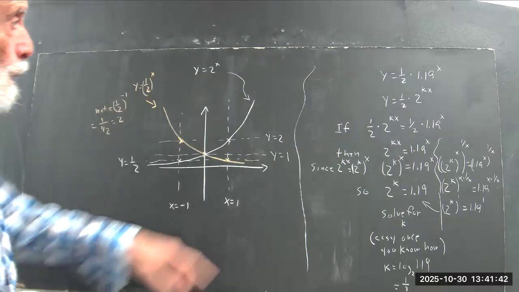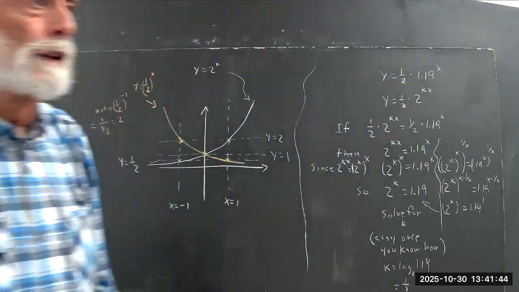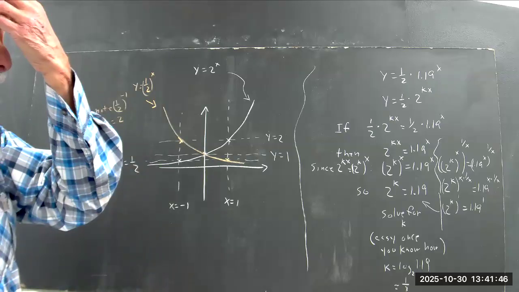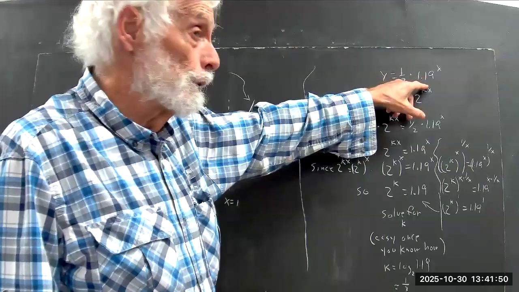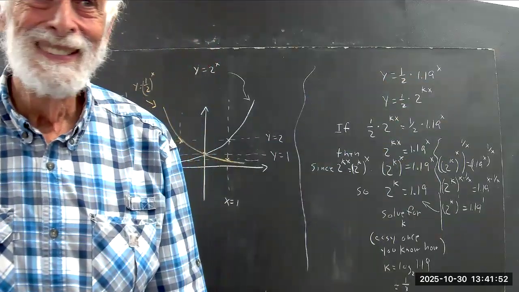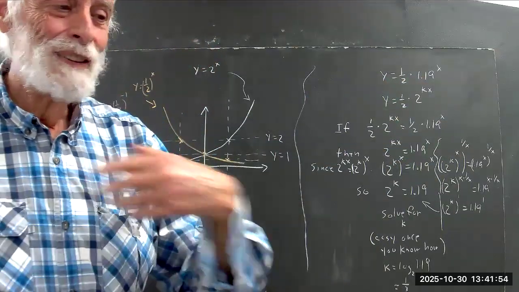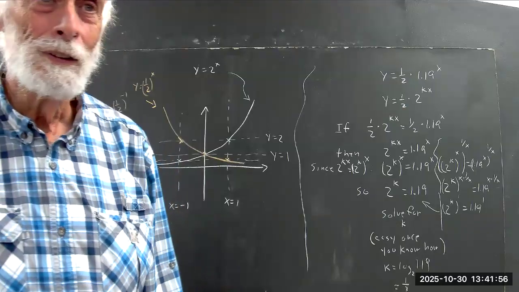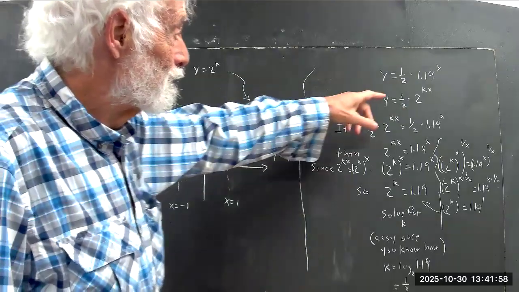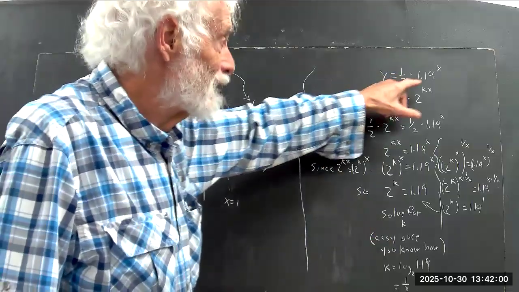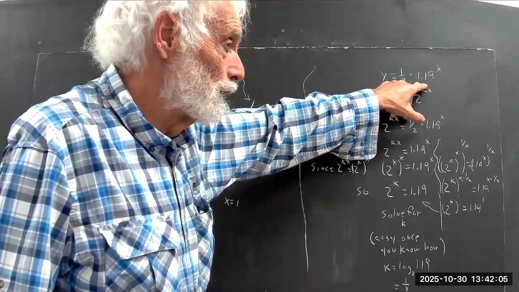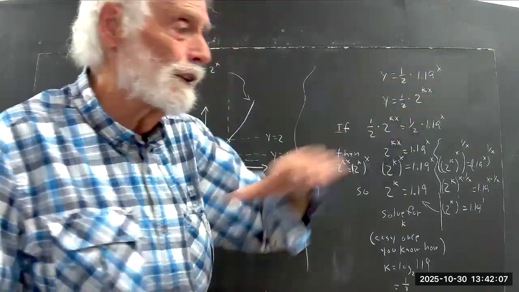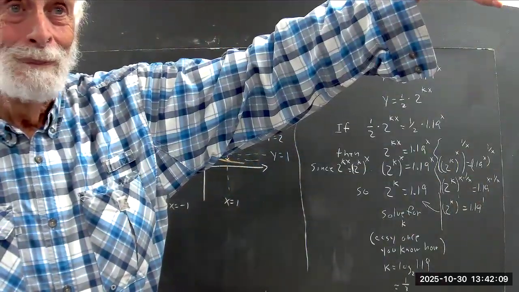Okay, this 1.19 to the x. Let's say you put $500,000 in at 19% interest. Okay, now you probably don't have $500,000. Neither do I, but you invest $500,000 at 19%, and that's how your money's going to grow.